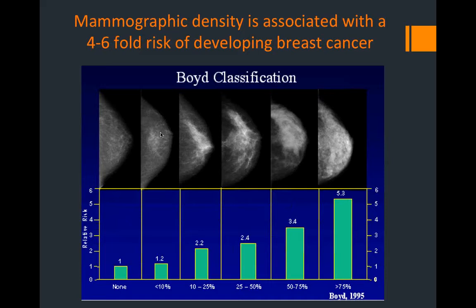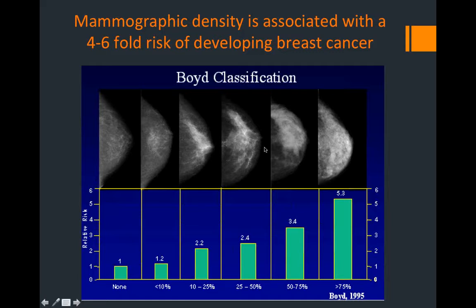So our lab really was inspired by, obviously, research that happened before us, but one of the major observations was this Norman Boyd paper where he showed that mammographic density can be associated with breast cancer development and risk. So what I'm showing you here are different classifications of different breast mammograms.